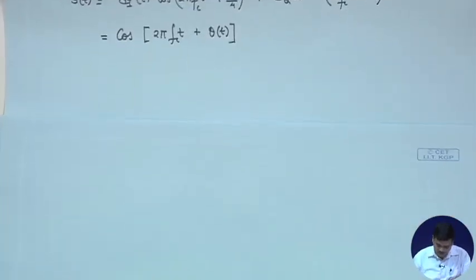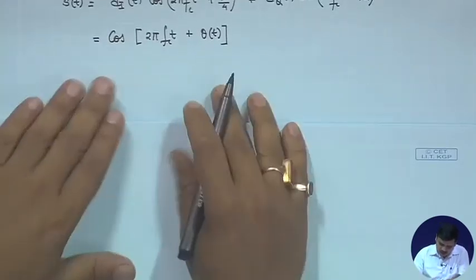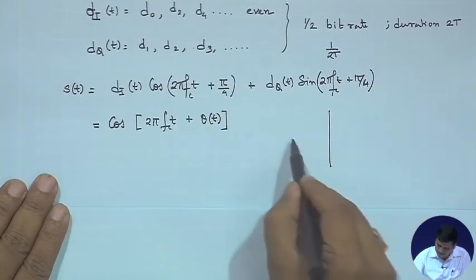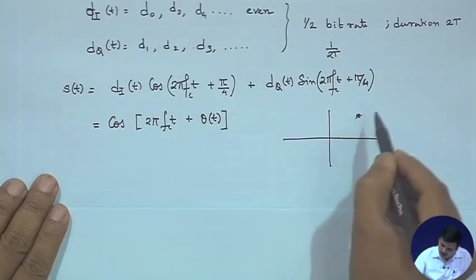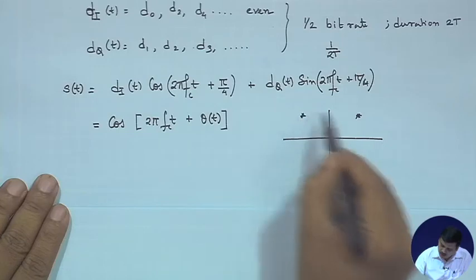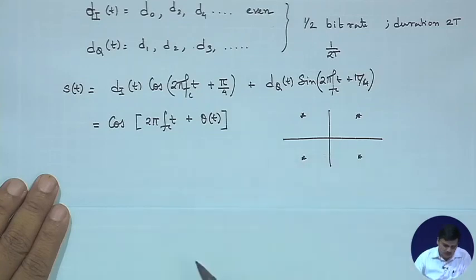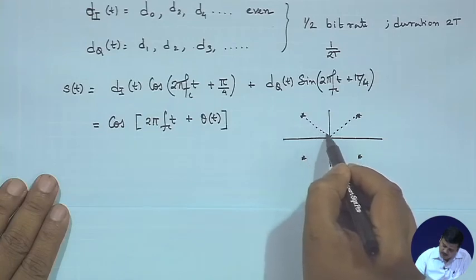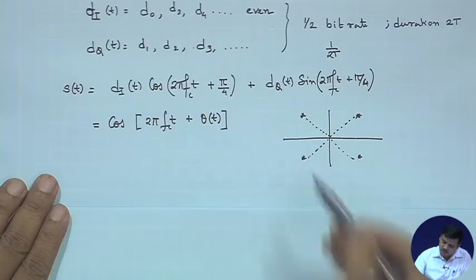So, what we could think of is this expression that we had drawn, or we can use this space itself, and then you could say that you have used these locations as constellation points, and this is pi by 4, this is 3 pi by 4, and this is minus pi by 4 and minus 3 pi by 4.